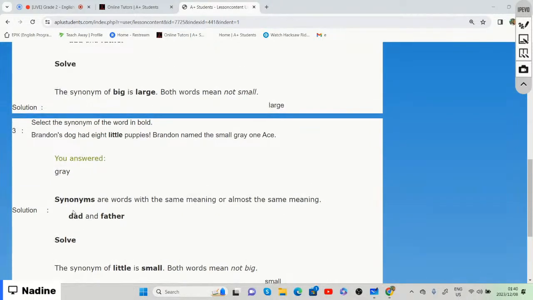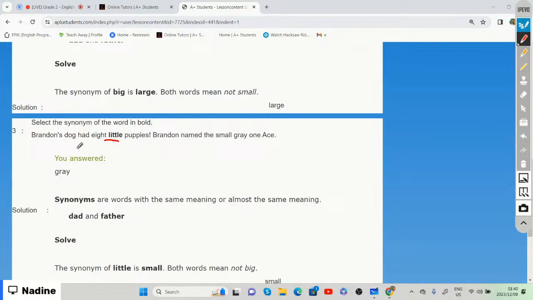And then, Brandon's dog had 8 little puppies. So little, right? And then we can say, Brandon named the small gray one Ace.